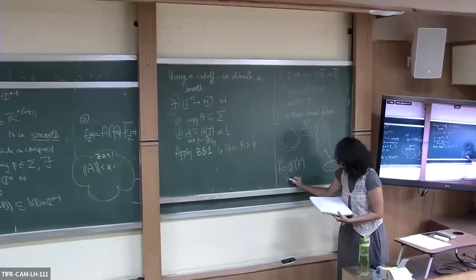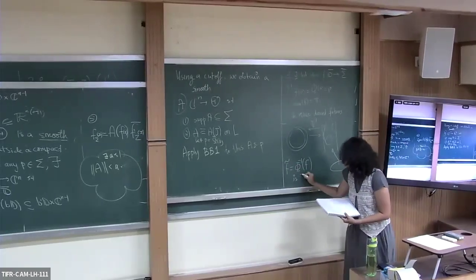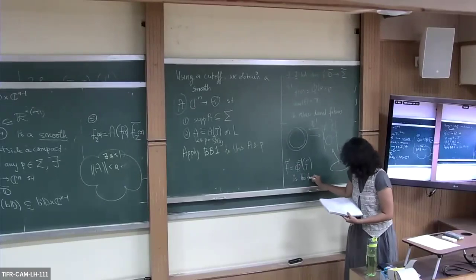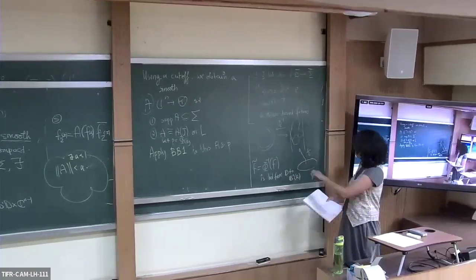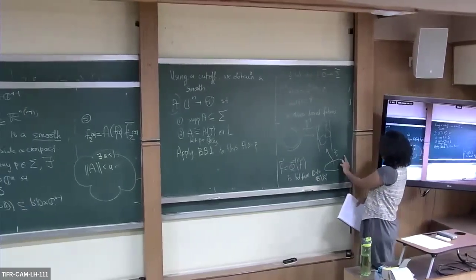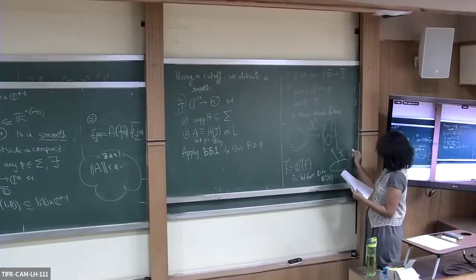This is holomorphic, so classically holomorphic. Here you are getting something which is J naught, J holomorphic.